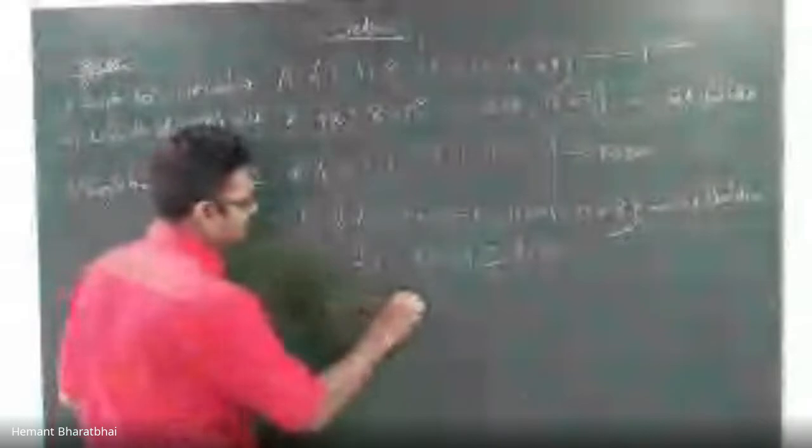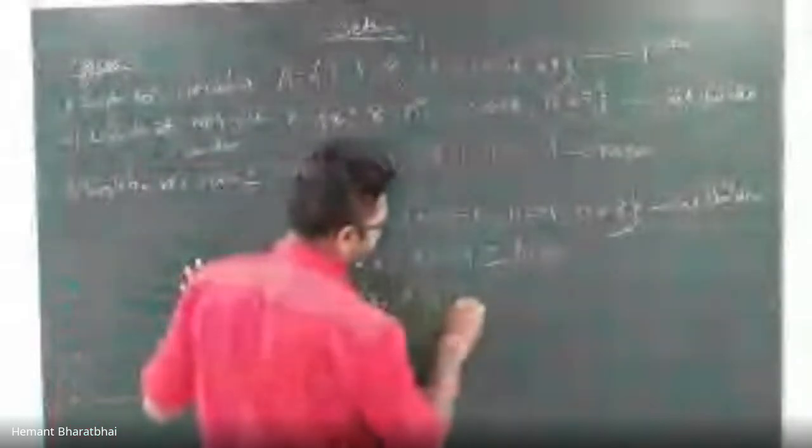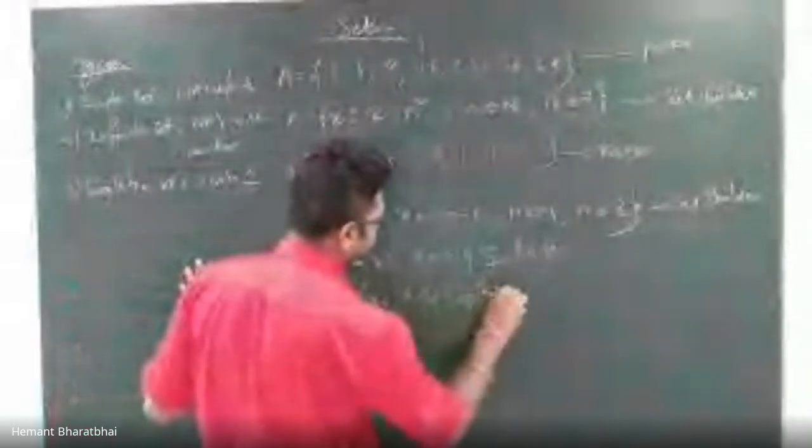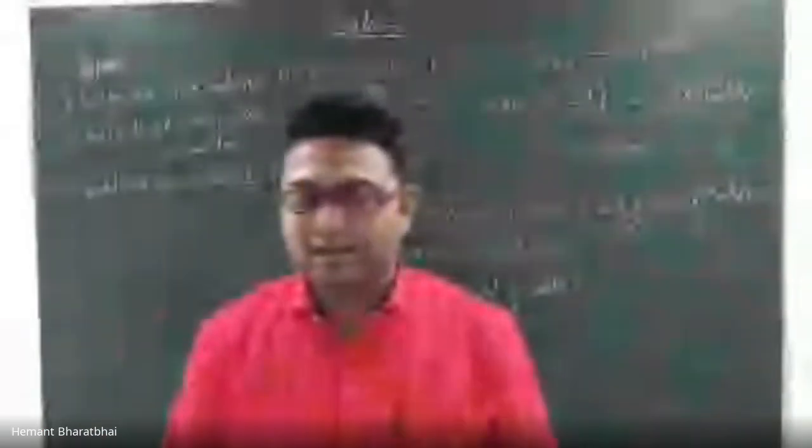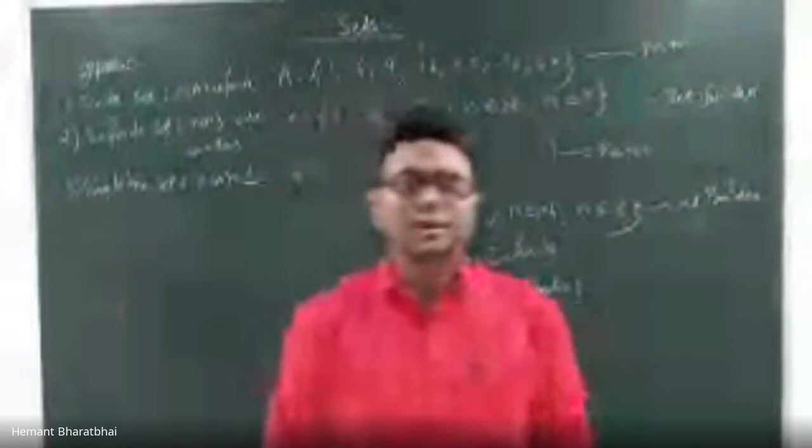Suppose I say B is a set of X such that X is the capital of India. How many capitals does India have? It has only one capital, that is New Delhi. We are not having two capitals like Canada, where summer is different and winter is different.